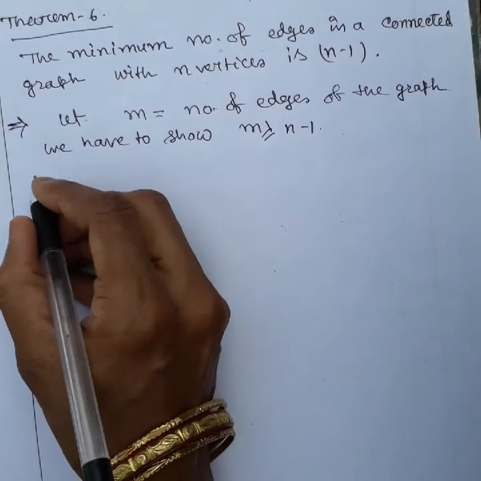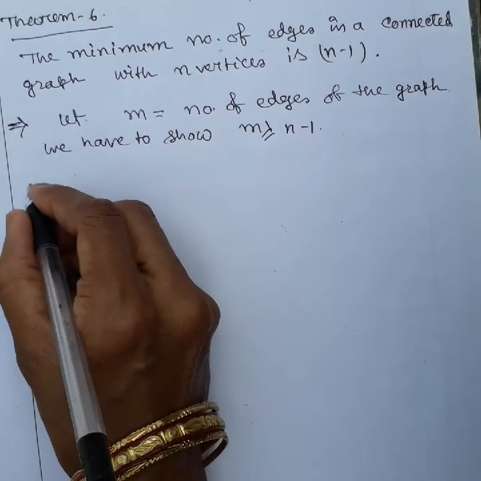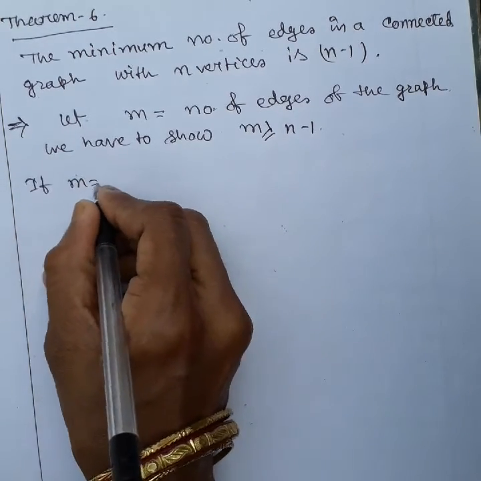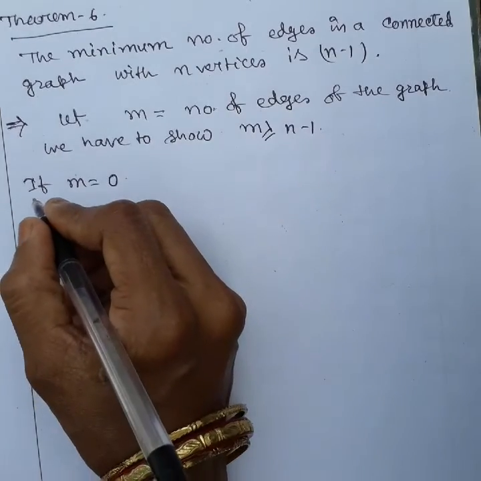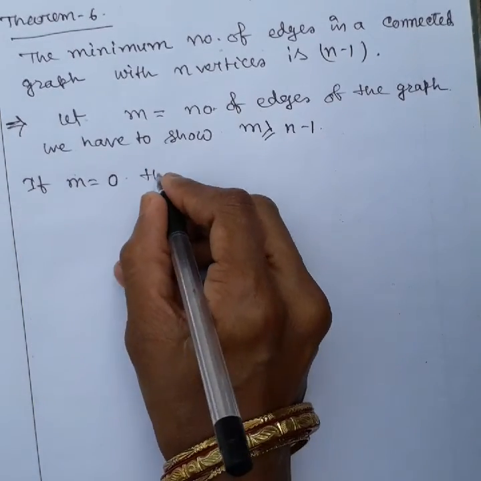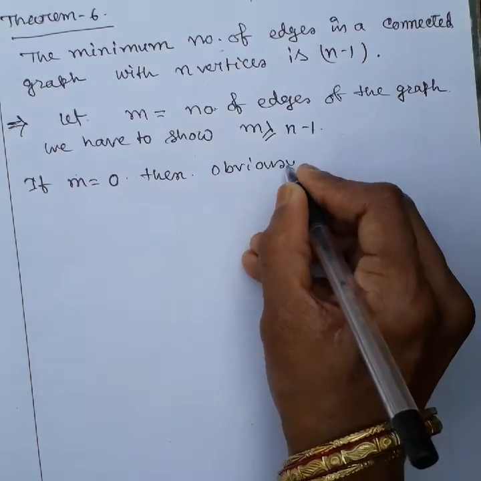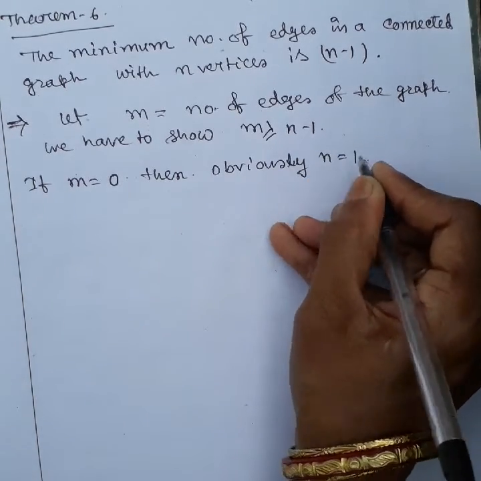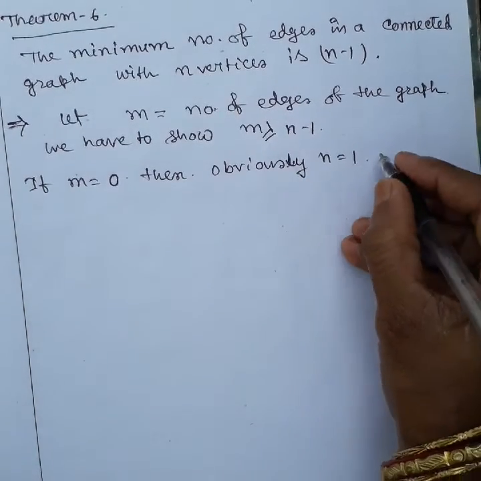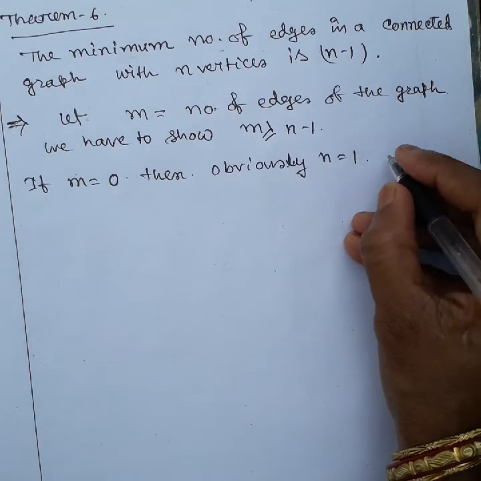We prove it by induction on m. Okay. Now if m is equal to 0, then obviously n is equal to 1, otherwise G is disconnected.